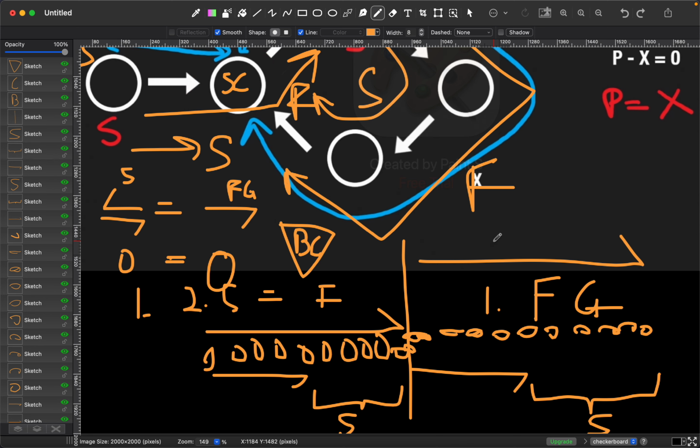The phase of before cycle here is at the start of the cycle, and therefore if here the gap is P, here if it's x, P will eventually become x. Why will P be equal to x?